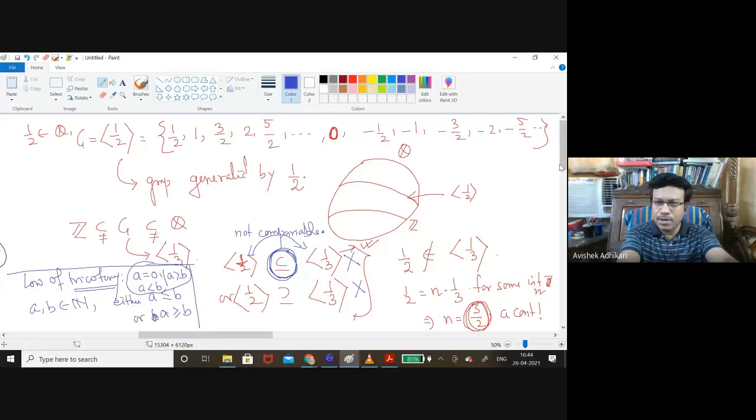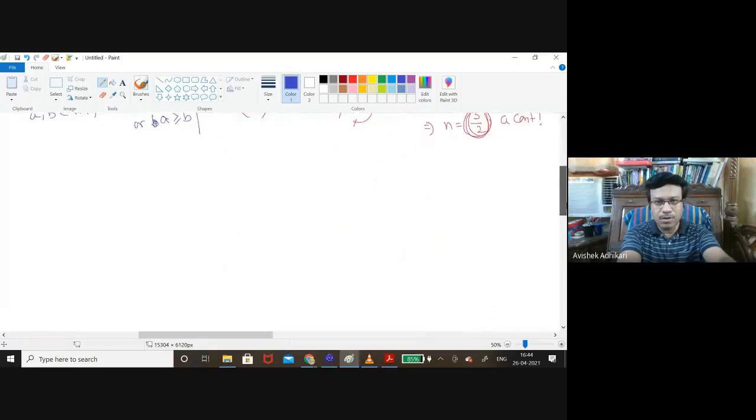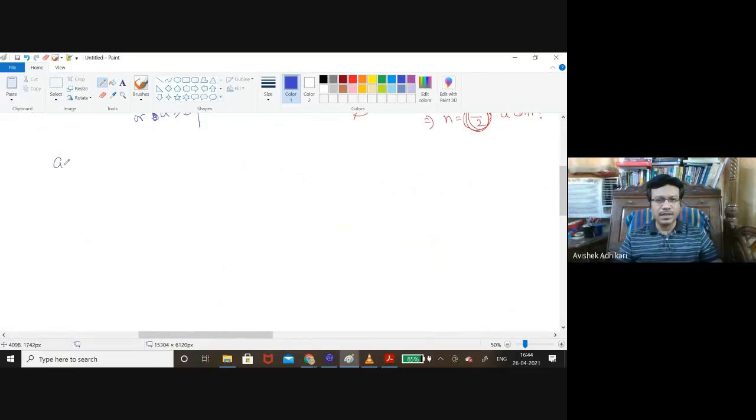Again, for example, in case of complex numbers also, you can never say that a plus ib is greater than c plus id. So there is no such relation unless you define something. You may define a kind of ordering, for example, this will be greater if and only if mod of a plus ib is greater than mod of c plus id. In that way you can induce it.